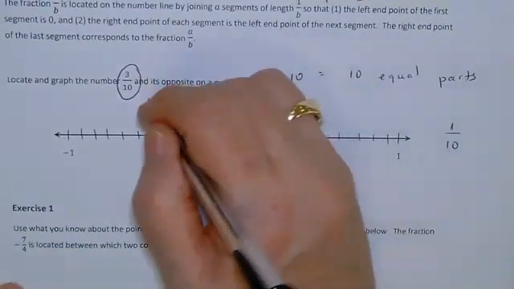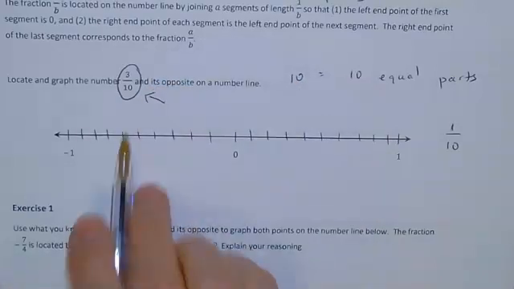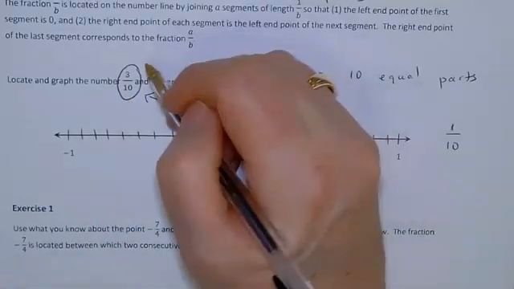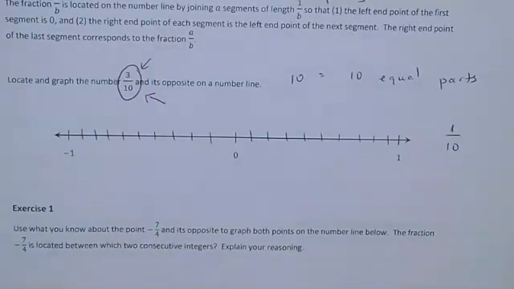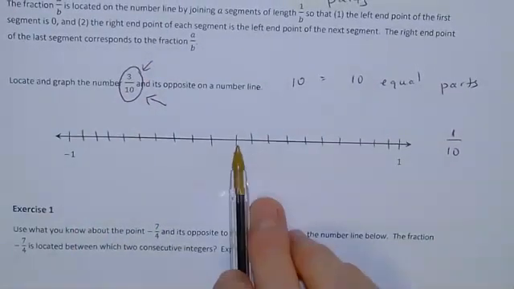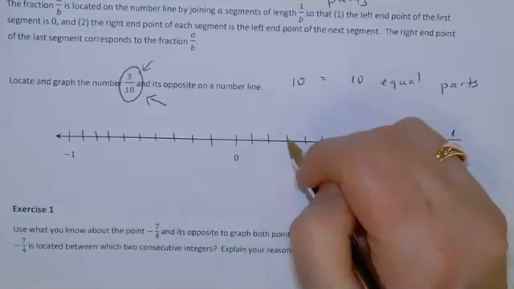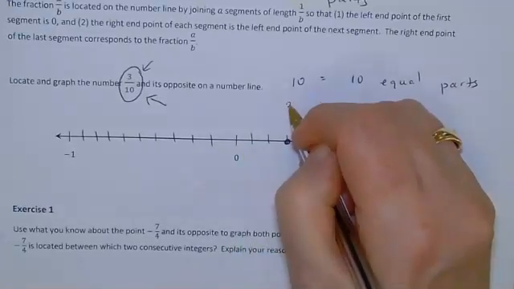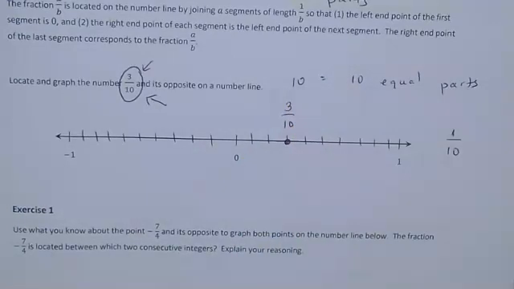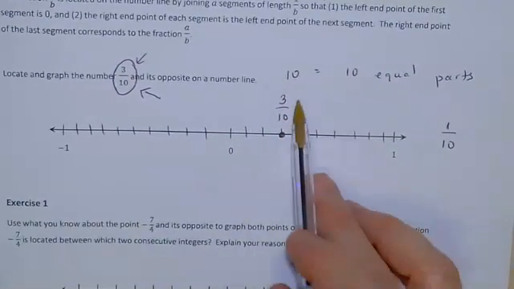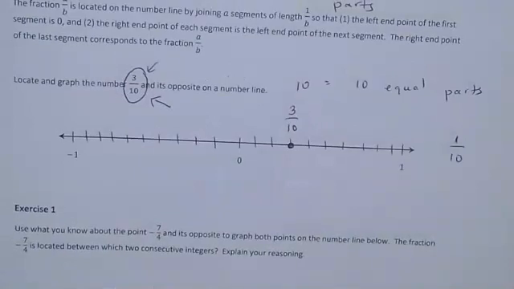So the main thing is you figure out how many equal parts do I need? 10, and the top number tells me how far to count over. So start at 0 and count over how many times? 3. 1, 2, 3. This right here is 3/10. So the bottom number is how many equal parts, and the top number is how many to count over.